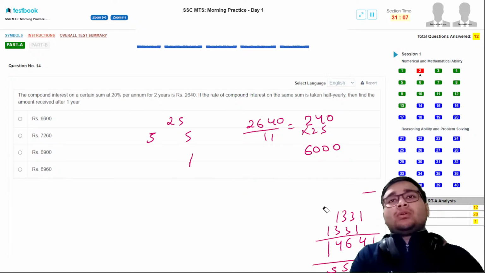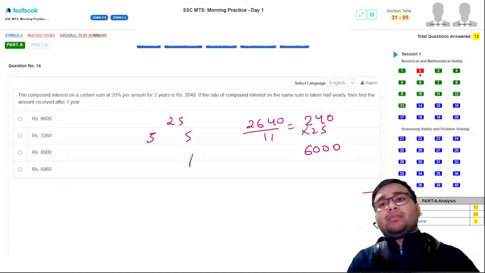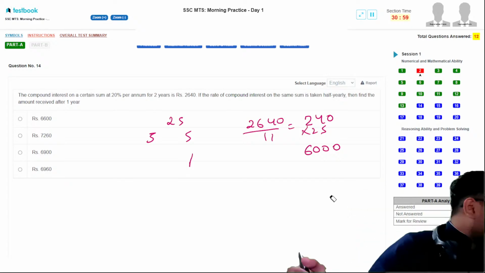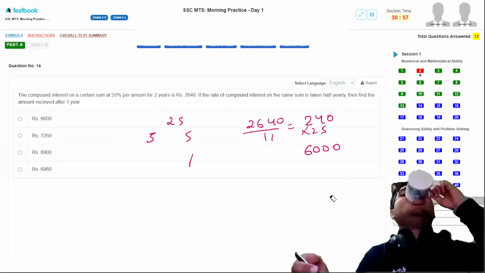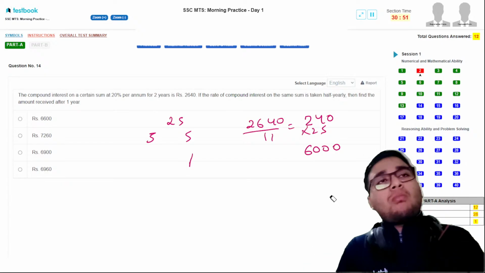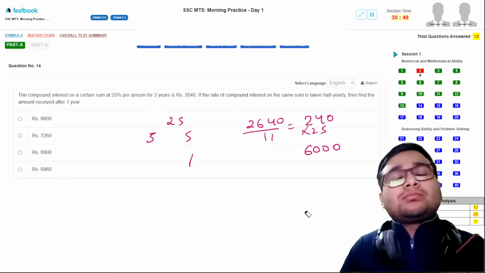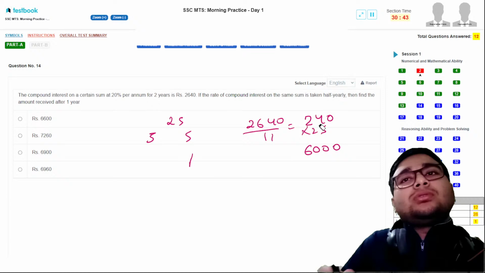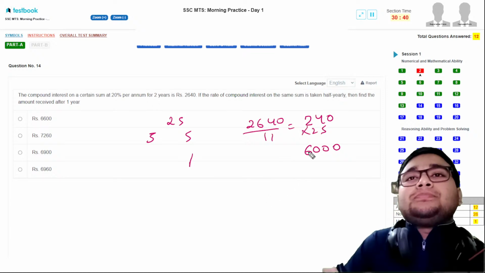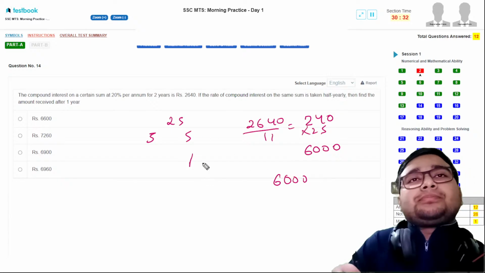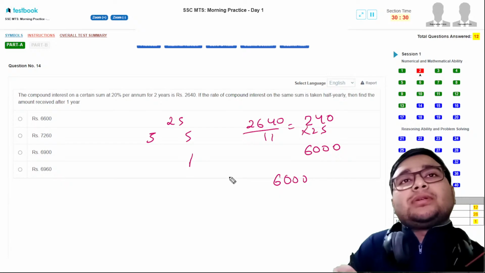The rate of compound interest on the same sum is taken half yearly. Did I do it right? The compound interest is this much. Twenty-five 400, 40, when 25 it is 600, 1000 came. Okay.